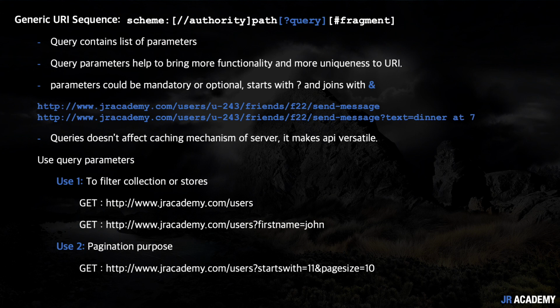Here we are using start with and page size parameters that help to get a specific list of users. And we can use the query parameter to add additional information or for decision making, and our message sending example represents that. So these are the rules that can help us design a proper URI that will be readable, consistent and easy to use.